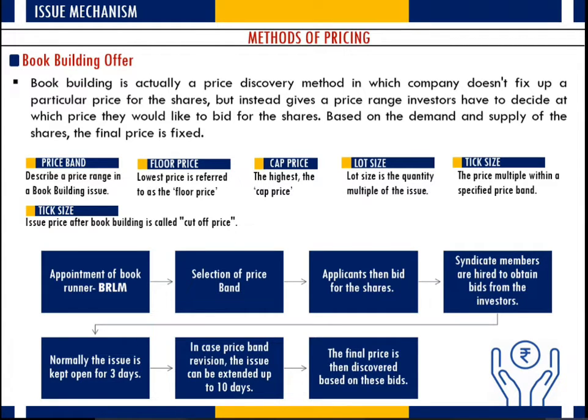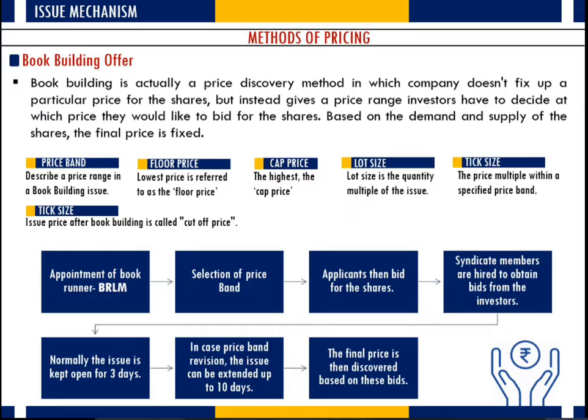Then you have the tick size. Tick size is nothing but the cap price, the specified price band, multiplied with the lot size, right? So that's what you call tick size.